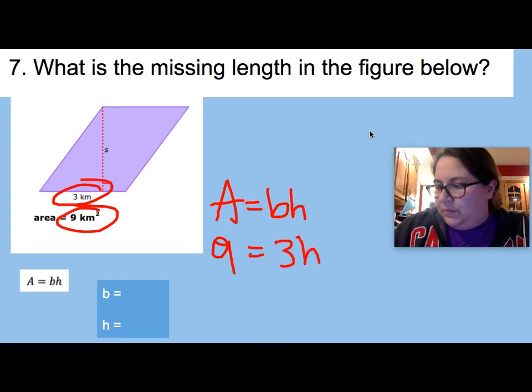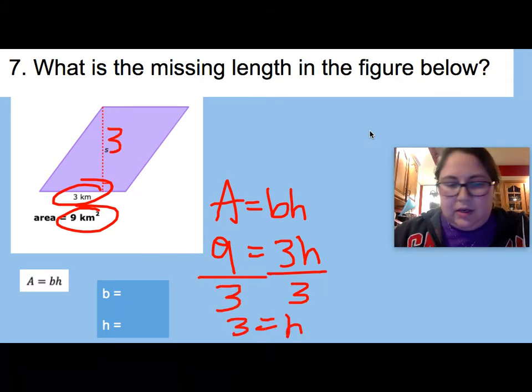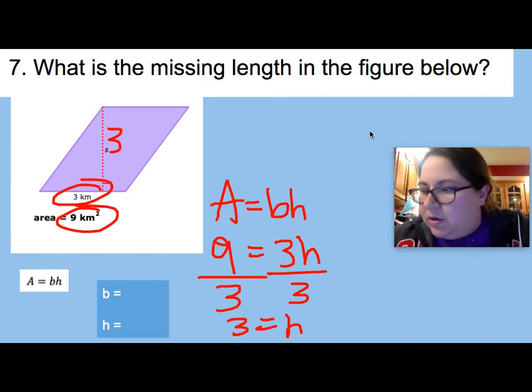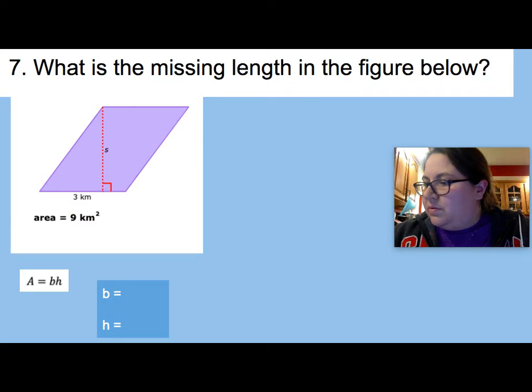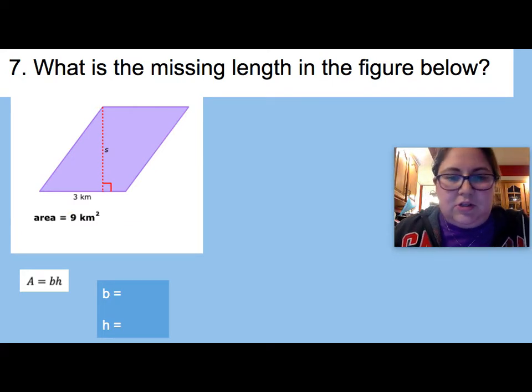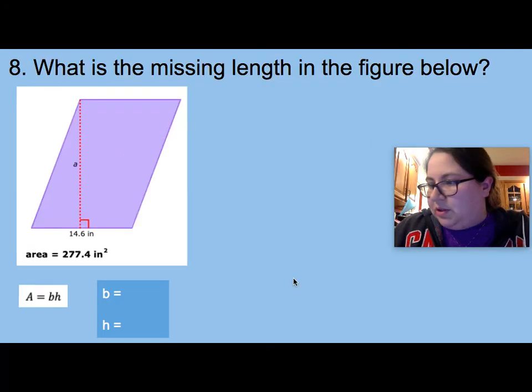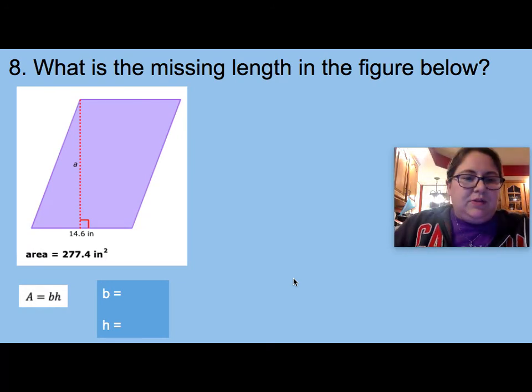So I can divide both sides by 3, and I get 3 is equal to the height. If you work this problem backwards, these two should multiply to give you your area. Again, if these are questions that you understand, go ahead and skip to the next shape. That's fine.